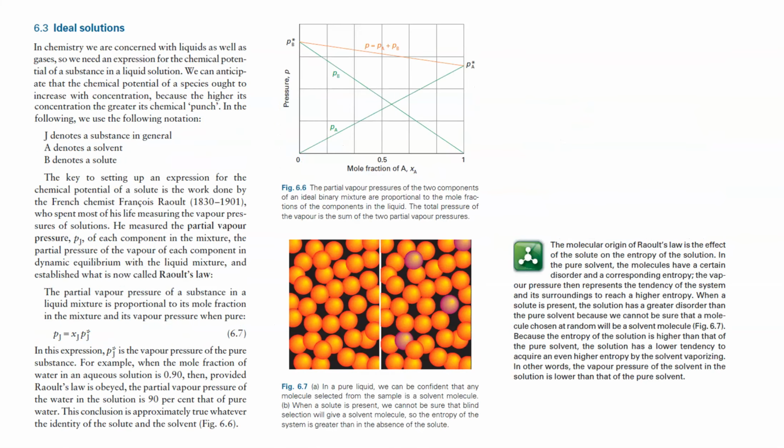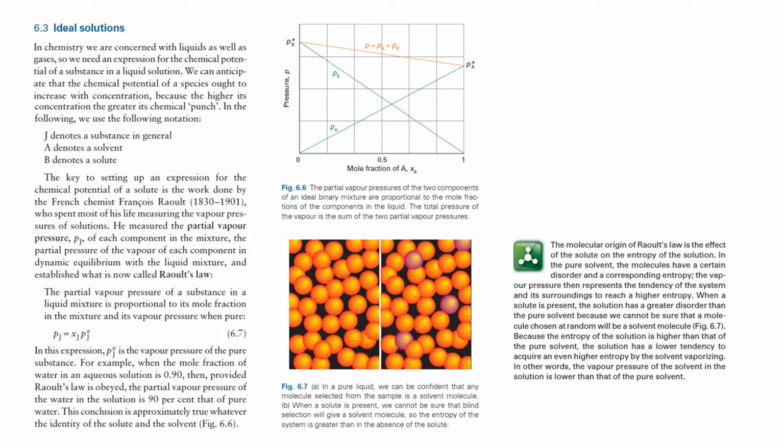Now, let's lead on to ideal solutions. In chemistry, we're concerned with liquids as well as gases, obviously. So we need an expression for the chemical potential of a substance in a liquid solution. We can anticipate that the chemical potential of a species ought to increase with concentration, because the higher its concentration, the greater its chemical punch, analogously to the partial pressure of a gas.